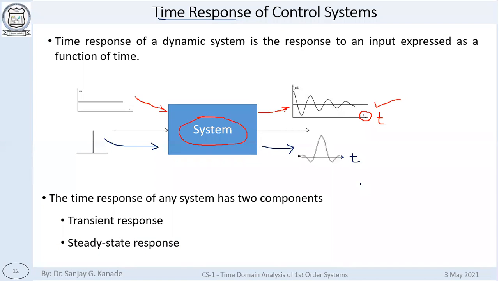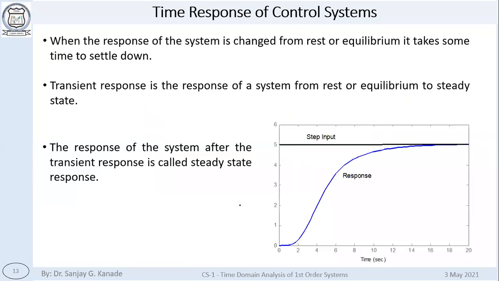This time response has two components: the transient response and the steady state response. When a system is subjected to a certain input, it was obviously in an equilibrium state.